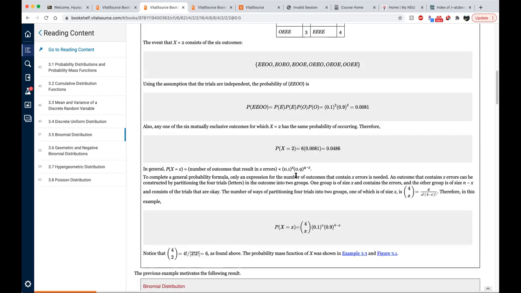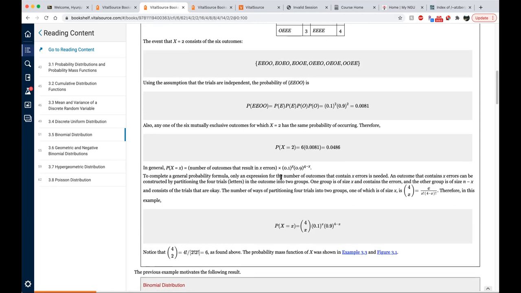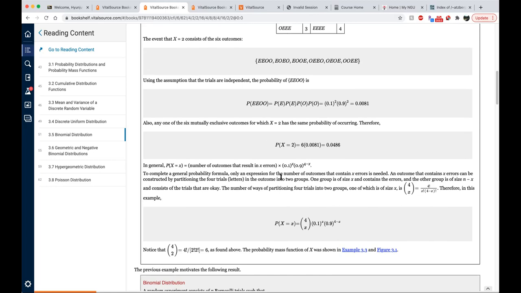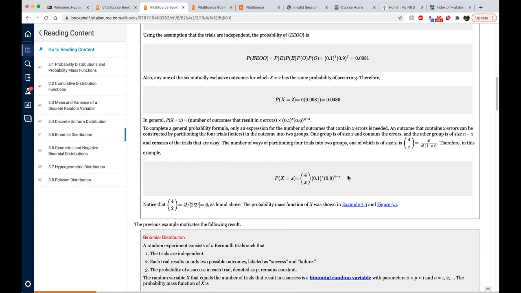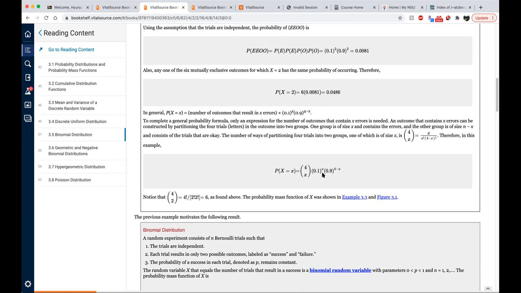Let me see. Right here. So that's what we got for x, generalized. 4C2 is 4 factorial over 2 factorial times 2 factorial.